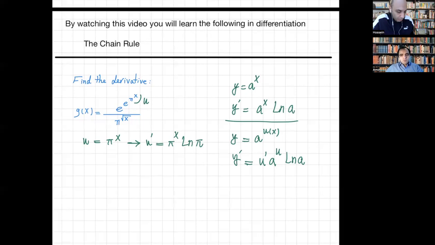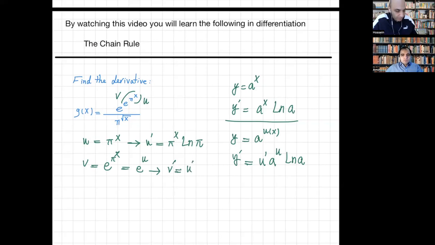Then I'm going to call e to the u, or e to the pi to the x, v. So v is a new function of x, which is equal to e to the pi to the x, or e to the u. Then v prime is equal to u prime.